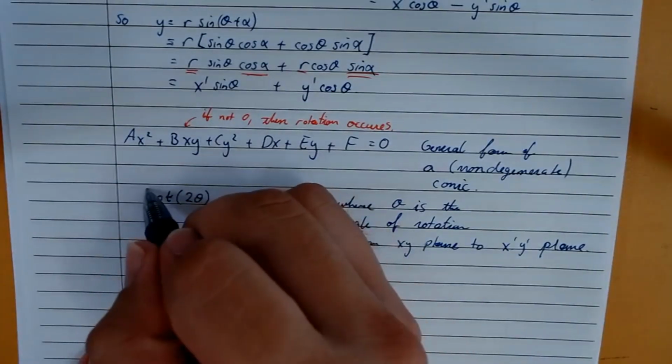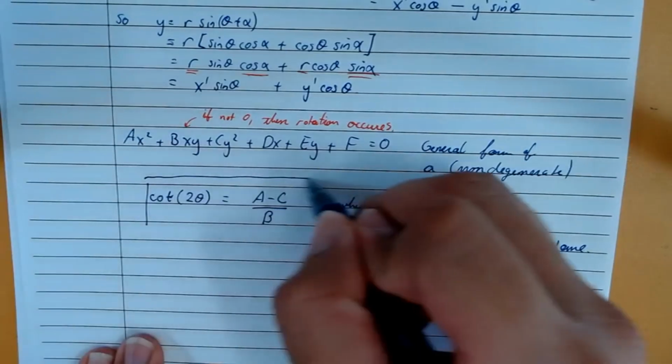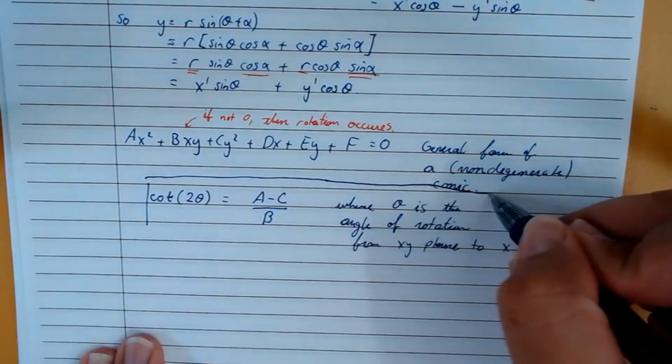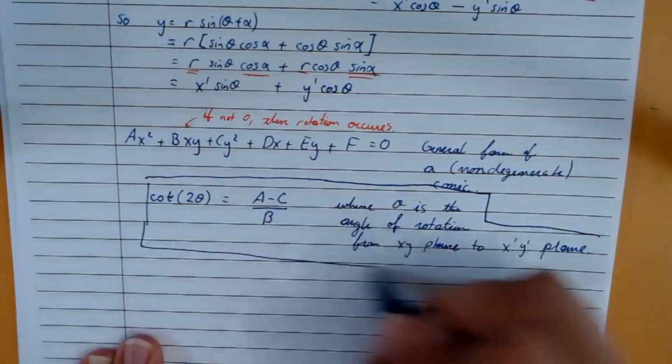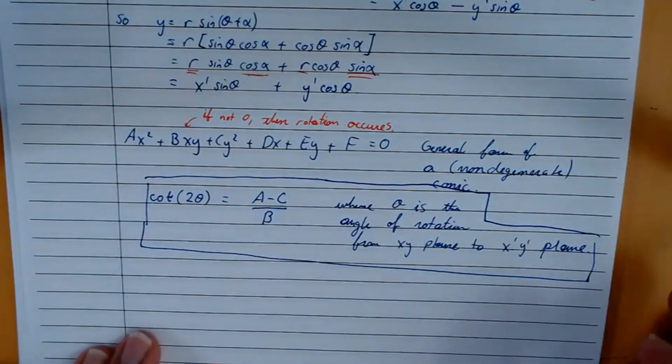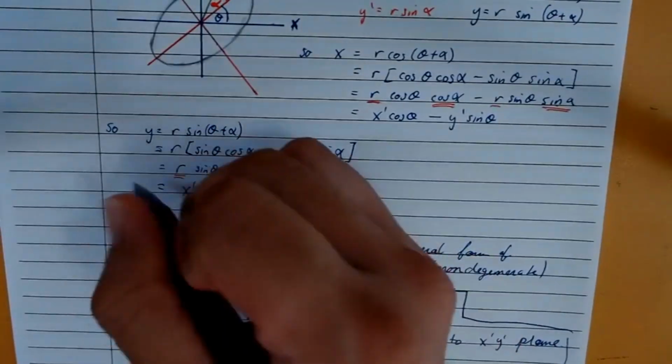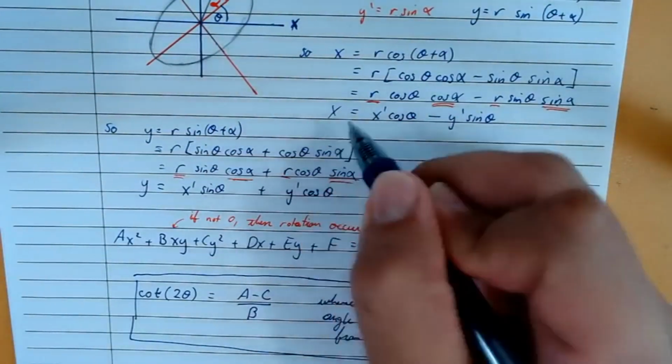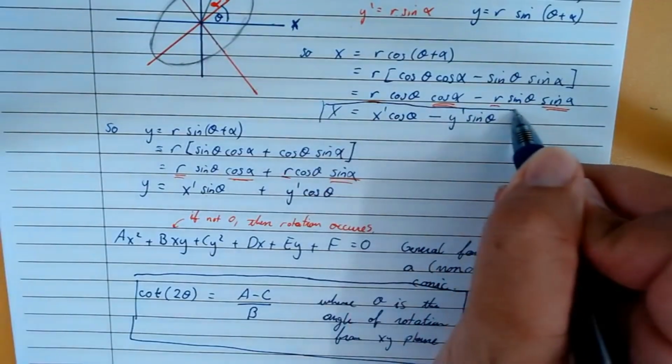So these are our two main results. This tells you how much rotation you have, and once you know how much rotation you have, this tells you how to apply that rotation.